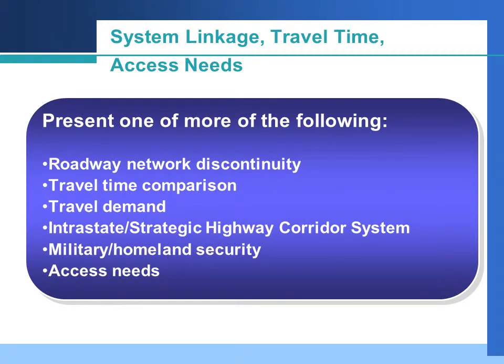System linkage, travel time, and access needs are terms that refer to such things as discontinuity of a network, lengthy travel time between 2 points, and inability to access a facility or location. System linkage may be needed, for example, to complete a proposed network or to provide a connection between residential and commercial areas.